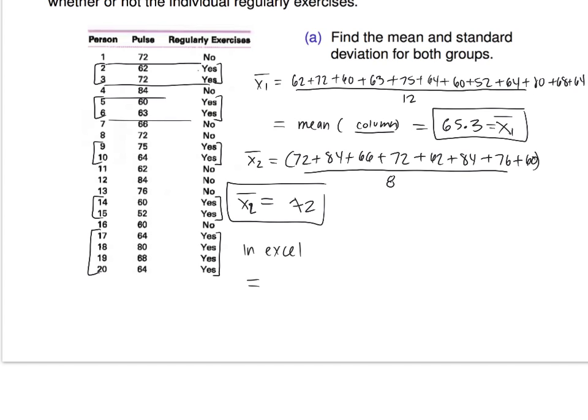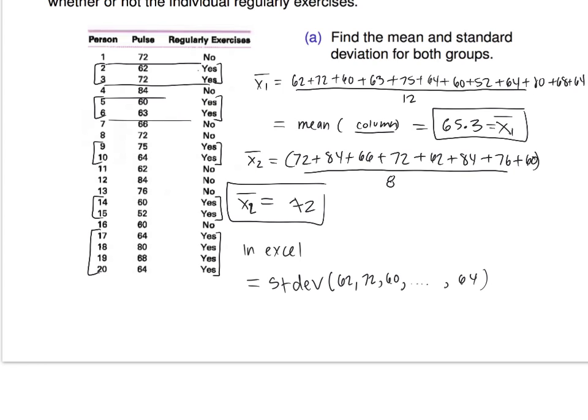You put in an equal sign, and the command is STDEV. And then, if you have a column listed, you could just select that column, I'm pretty sure. Or if you don't want to do that, you can put things in with commas: 62, 72, 60, all the way down to your last number, which is 64.